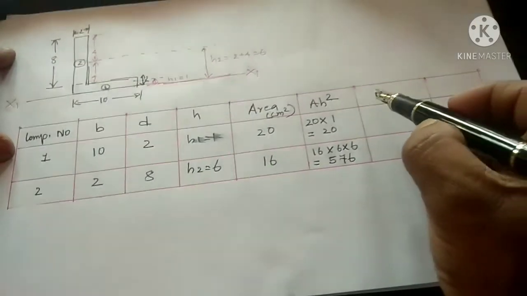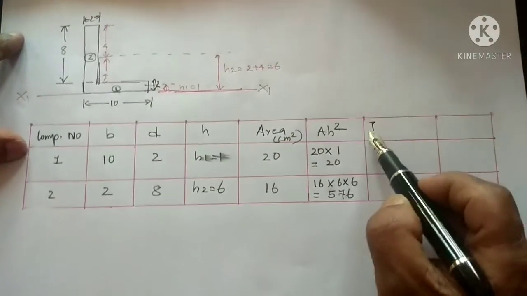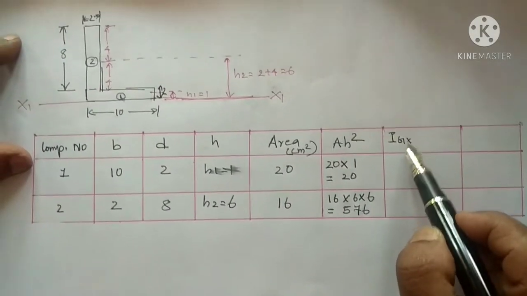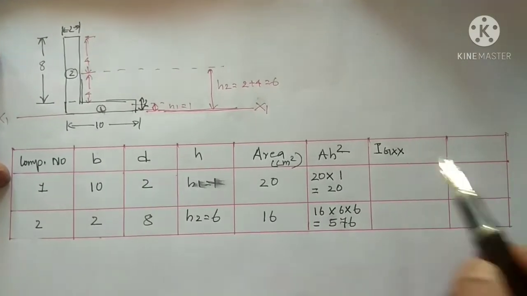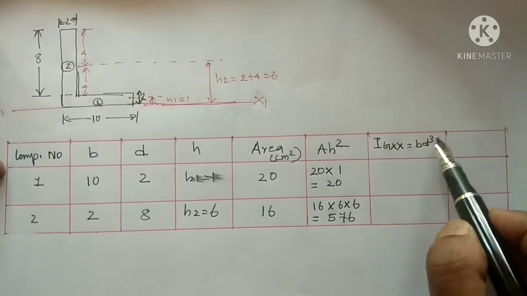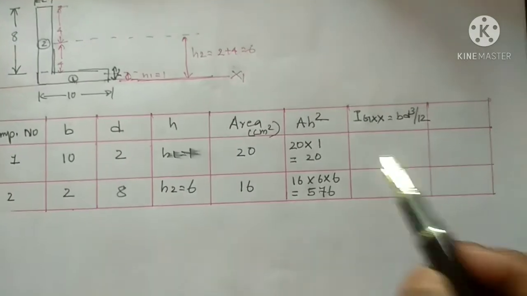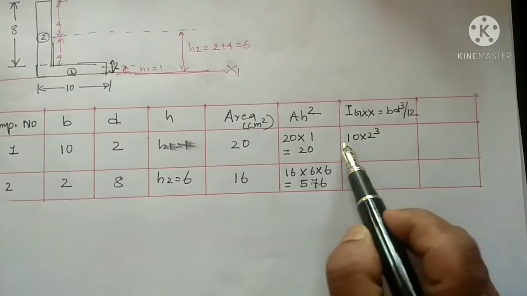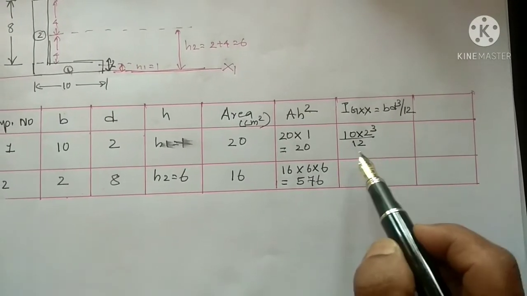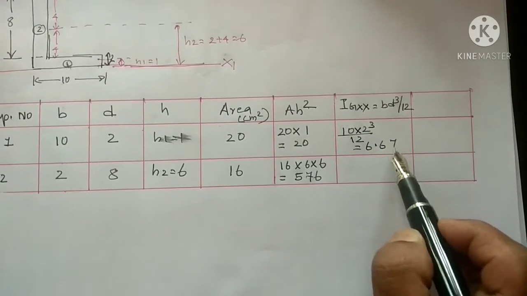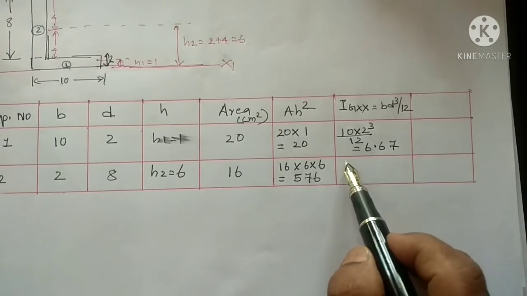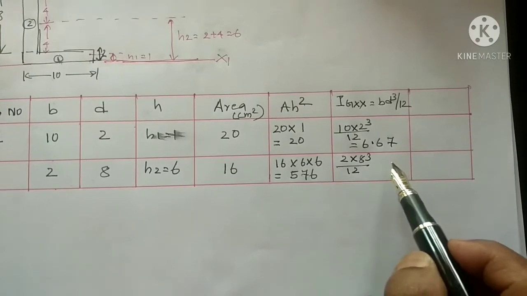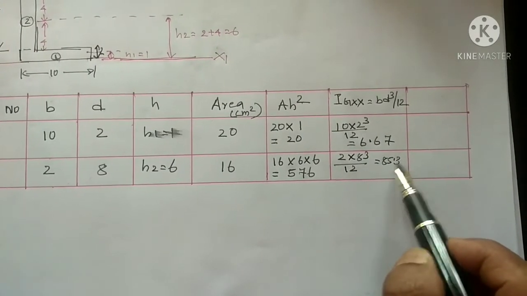And again you have to calculate the moment of inertia of the individual section about its centroidal axis, IGXX, which is equal to BD cube divided by 12. Therefore, for the first component, that is 10 into 2 cube divided by 12, which is equal to 6.67. For the second component, it is 2 into 8 cube divided by 12, which is equal to 85.33.